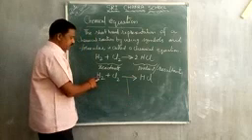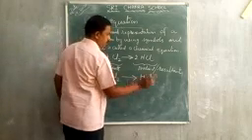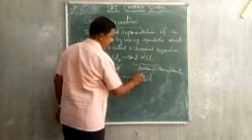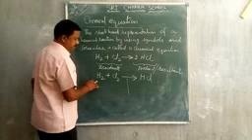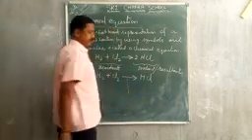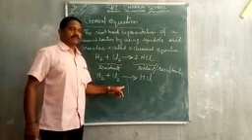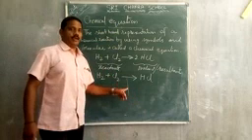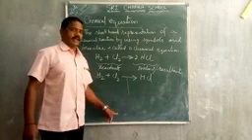How many atoms of hydrogen are here? 2. On this side, only one hydrogen atom is there. Here 2 chlorines, here only 1 chlorine. But this equation does not obey the law of conservation of mass or matter.